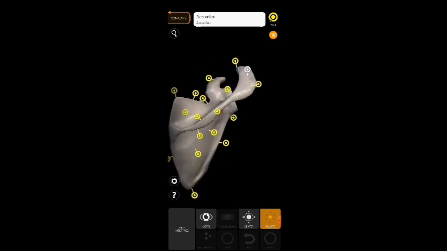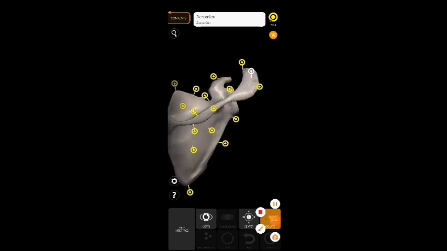The dorsal surface of the scapula is divided into 2 parts because of the presence of the scapular spine, which is triangular and divides the dorsal surface into superior and inferior parts. This is the superior part and this is the inferior part, and the inferior part is larger than the superior part.